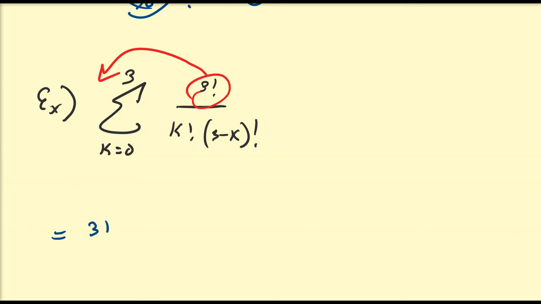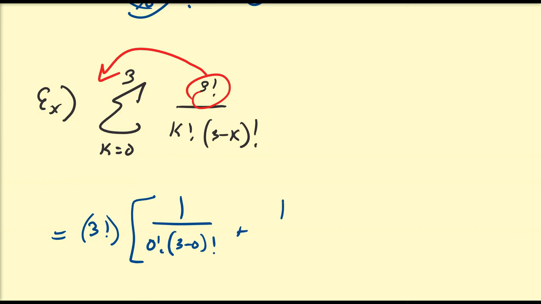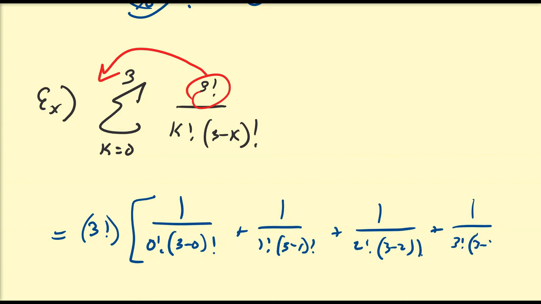It's going to be 3 factorial multiplied by the sum across all k: 1 over 0 factorial, 3 minus 0, plus 1 over 1 factorial, 3 minus 1, plus 1 over 2 factorial, 3 minus 2, and then plus 1 over 3 factorial times 3 minus 3.